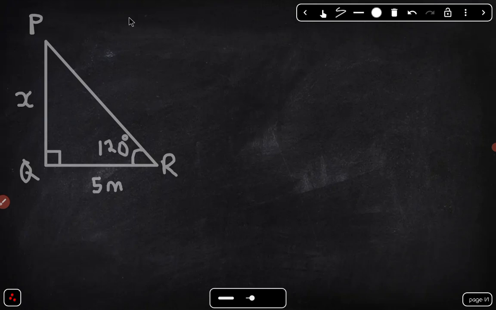So the first question, question A, says find x. And question B, find PR.